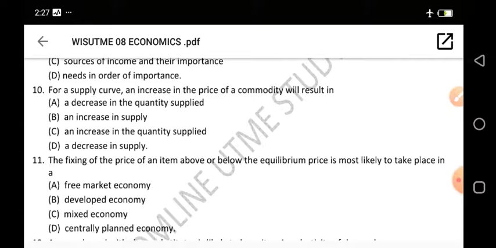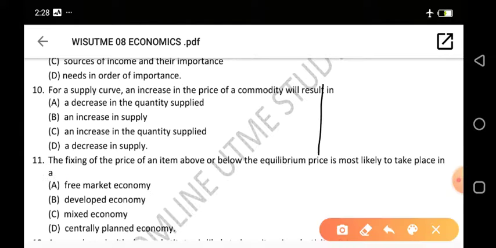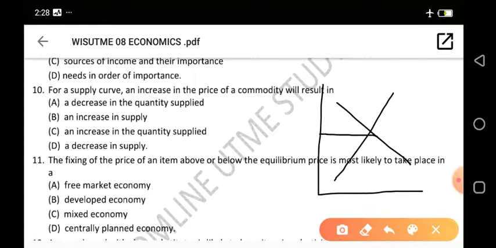The fixing of the price of an item above or below the equilibrium price is most likely to take place in... So when we say fixing of the price, quickly let me draw the equilibrium point. Please bear with me, it might not be perfect because of the nature of the device I'm using. So we have the equilibrium point there, the equilibrium price and equilibrium quantity.